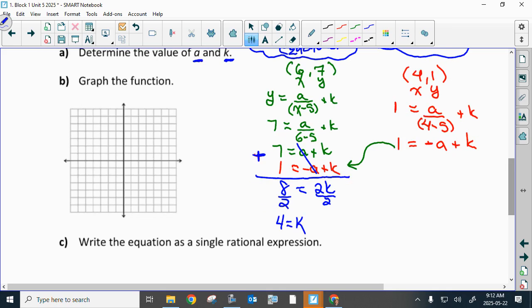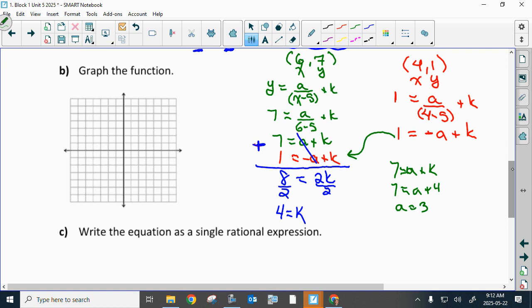Yeah? And if k is equal to 4, pick whichever one you want, right? I'm going to grab the green one actually, because I like 7 is equal to a plus k. So 7 is equal to a plus 4. A is then 3.